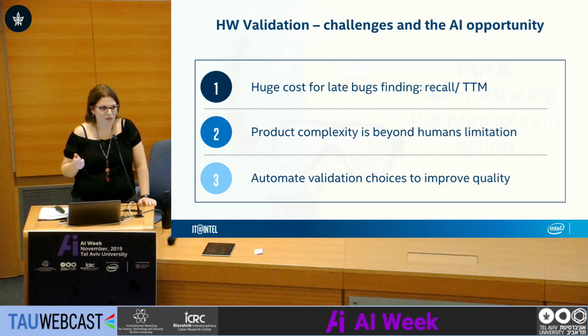But the implications of missing bugs, at the worst case, are massive recalls that cost millions of dollars and reputation damage to the company. This is maybe the most dramatic outcome, but even less dramatic outcomes, which are very bad for a company, would be to find a bug late such that you will have to create a new prototype. These days, creating a new prototype for a product will mean that you will probably delay the launch of a product by about 6 months.